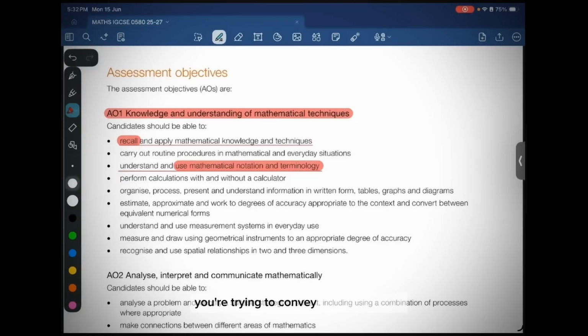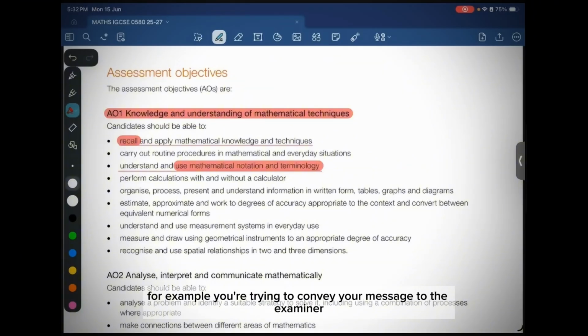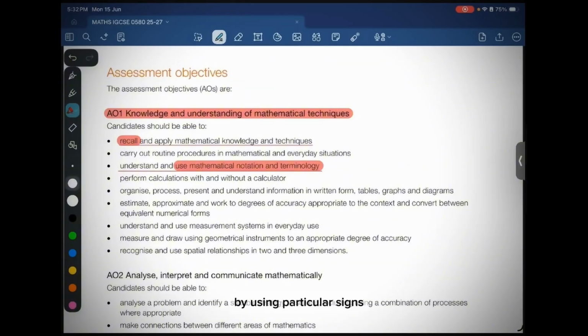You're trying to convey your message to the examiner, instead of writing it down in English, by using particular signs, notations and terms. Stuff like tangent, the signs for parallel lines.